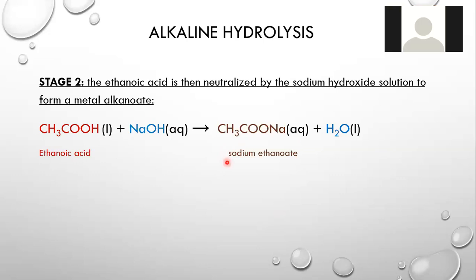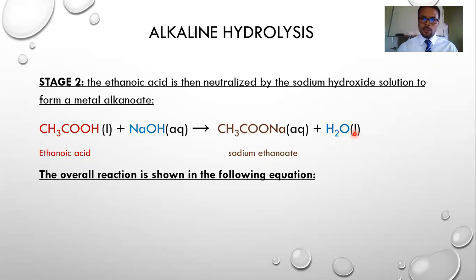If you remember from acid-base reactions, when an acid and a base, or an acid and an alkaline, come together, you're going to form salt and water. So in this case, ethanoic acid is going to react with the sodium hydroxide to form sodium ethanoate, and that's basically what happens here. So you're going to have that and water being formed.